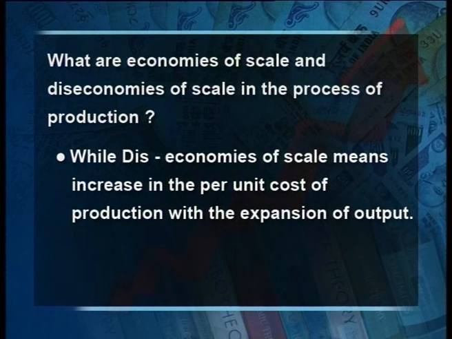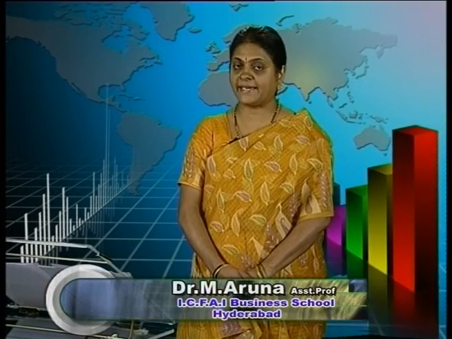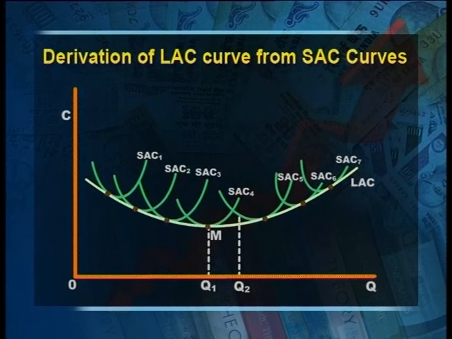While diseconomies of scale is increase in the per unit cost of production with the expansion of output. Another important thing we need to understand is that economies of scale exist only up to the optimum plant size. Look at the graph, the point SAC4 is representing the optimum plant size.